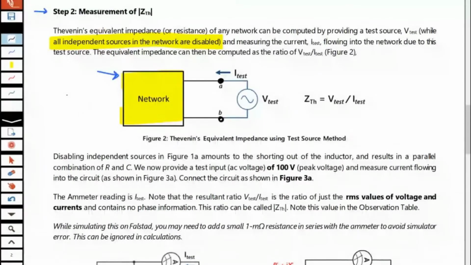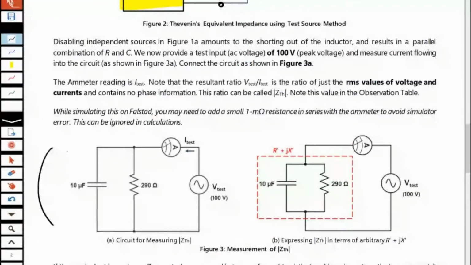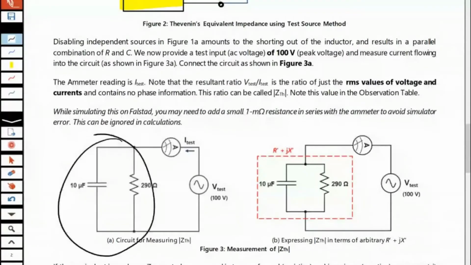Now, another thing to understand here is, when you are making this on Falstad, so what kind of circuit are you making? वो source or inductor तो short out हो गए because of disabling the independent sources. So you are only remaining with this. When you try to connect this kind of a circuit on Falstad, so you have this as the peak voltage, you will connect an ammeter to measure the magnitude of the current.